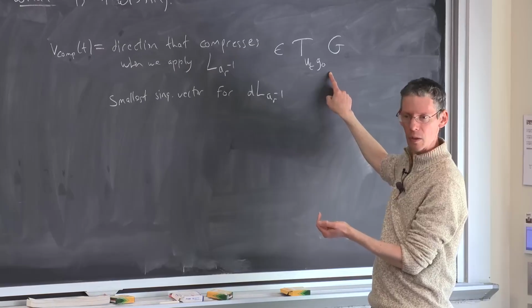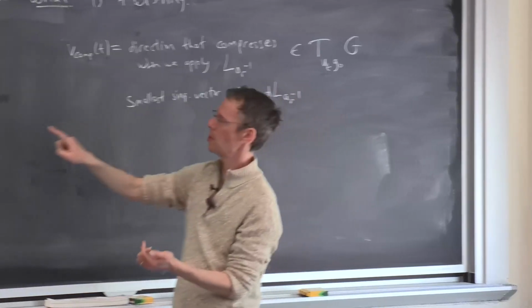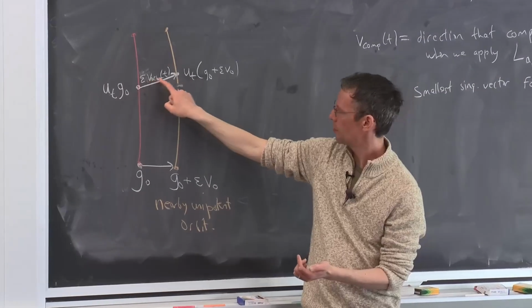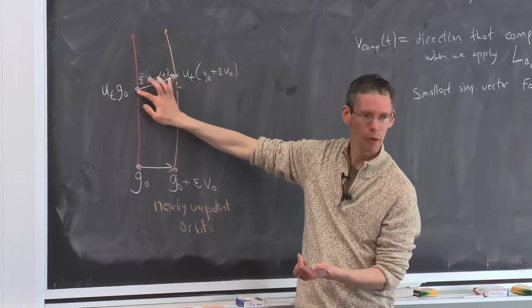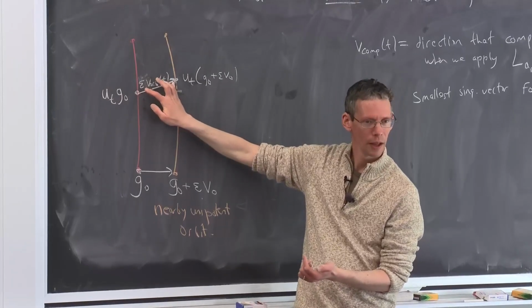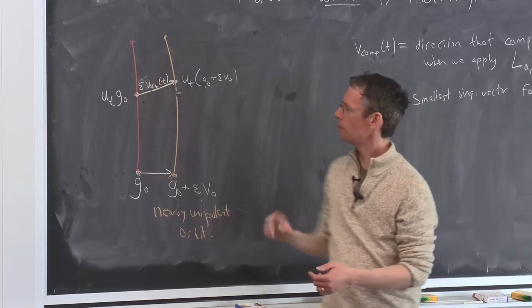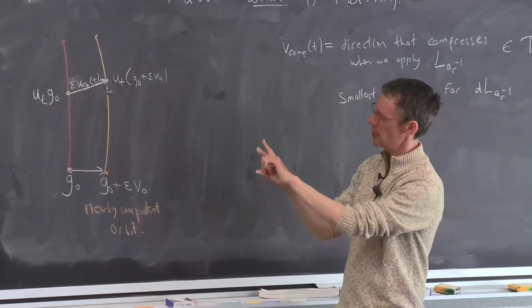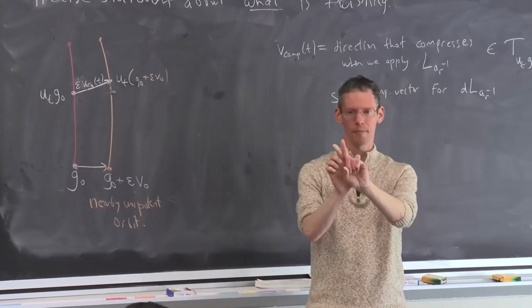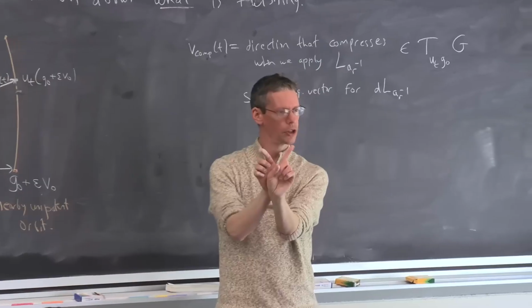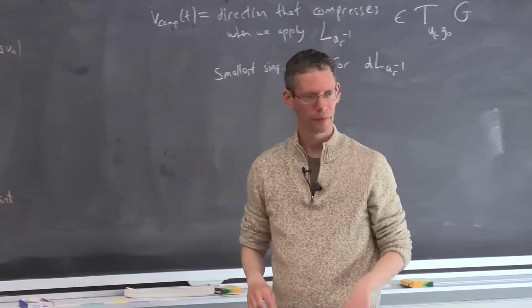One way to do it is to pick a reference vector to compare them with. That's the job of this v orbit vector, which goes from the red orbit to this orange orbit. That's a reference vector. Then at each t, there's an orbit vector and a compression vector, and the angle between them is changing.